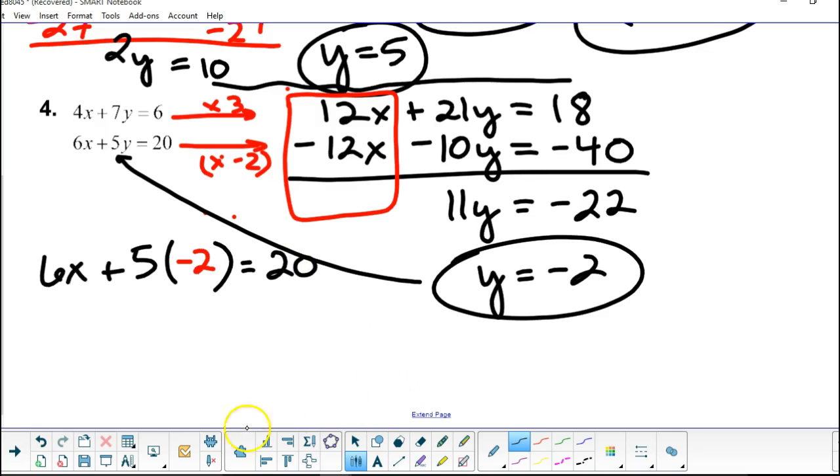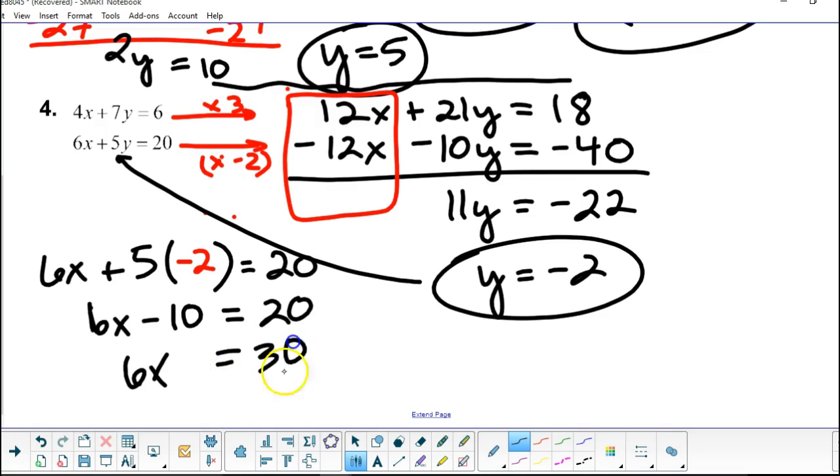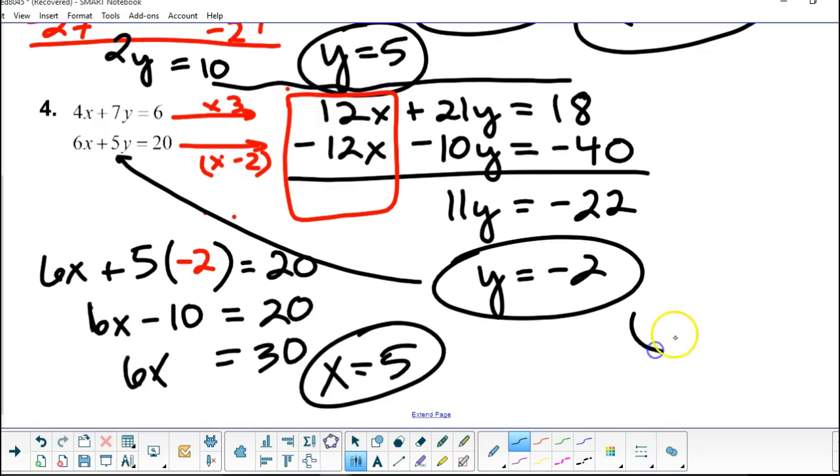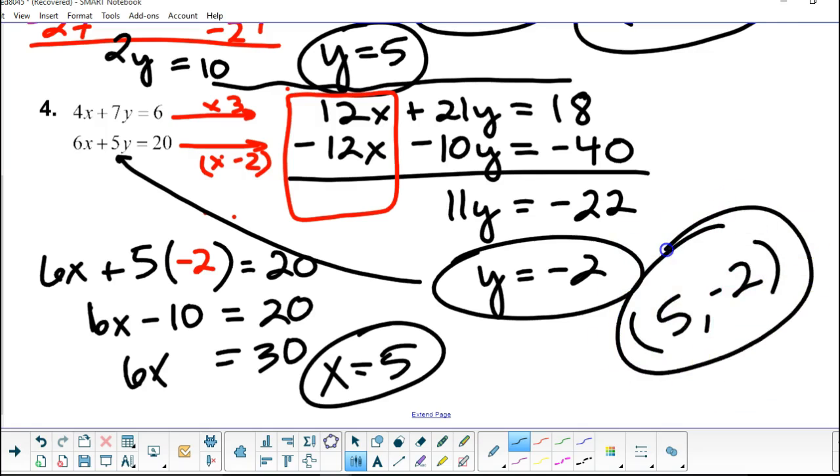So 6x minus 10 equals 20. Our next step would be to add 10 to both sides, so we got 6x equals 30. And of course then we find that x is equal to 5. So we get the solution 5, -2 here for this system using the elimination method.